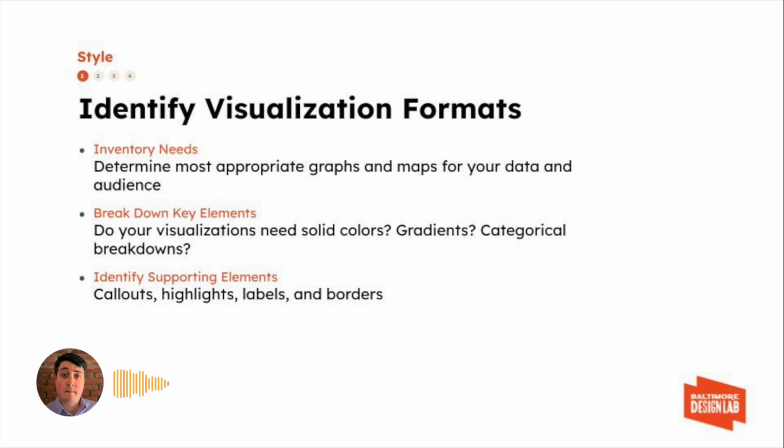Do you need solid colors for your bar graphs? Do you need gradients for maps? Do you need categorical breakdowns for the types of data that you have structured? And what elements do you need to help support that? Do you need callout boxes, highlights? What font choices do you want to make? And as you put that list together, we'll then move on to building the palette that we're going to be using and that visual identity to the product.